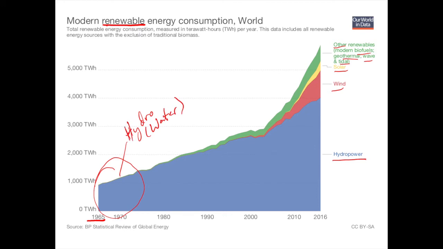And so hydropower has been used since the beginning of the industrial age. Basically, people have figured out how to use water as it's going down with gravity and use it to make windmills and things like that. Not windmills, but different mills. And so, or even like steam turbines. So it's been used for hundreds of years.